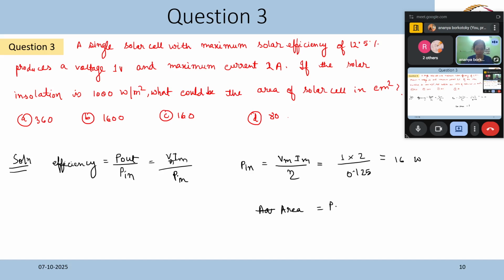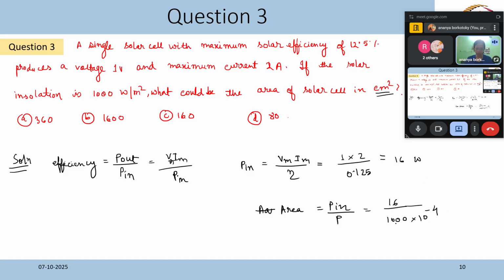This is the input power P divided by the insolation, whatever the intensity is. So this is my 16 and 1000 per meter square. I have to write it in centimeter square, right? So into 10 to the power minus 4.